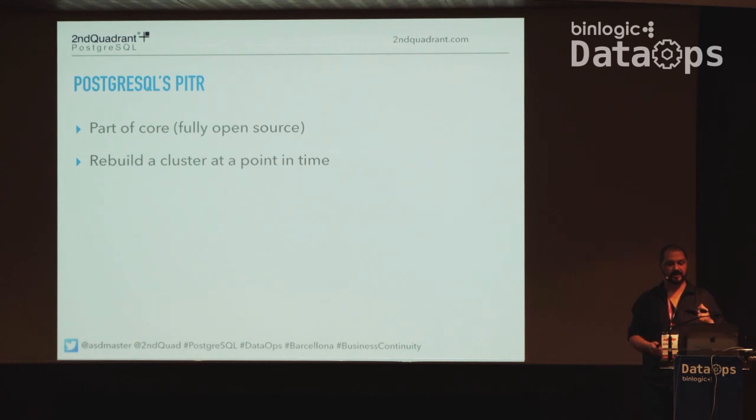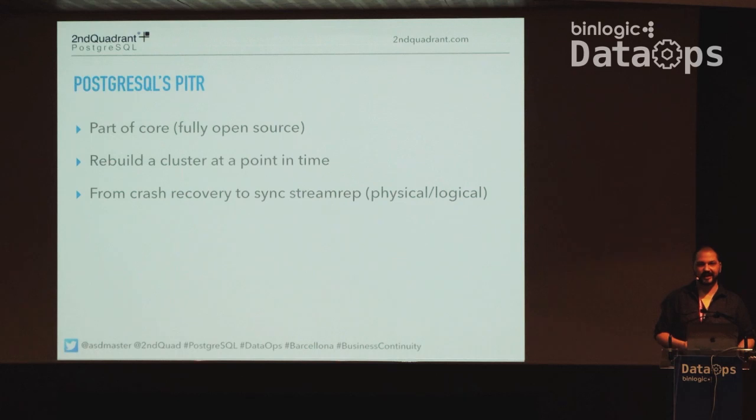It comes from a crash recovery technique, and starting from that, in the end, we use it up to the latest technology, that is the streaming replication, both physical and logical, and it allows us to achieve zero data loss. This is the first brick that allows us to build the whole system to achieve zero data loss.